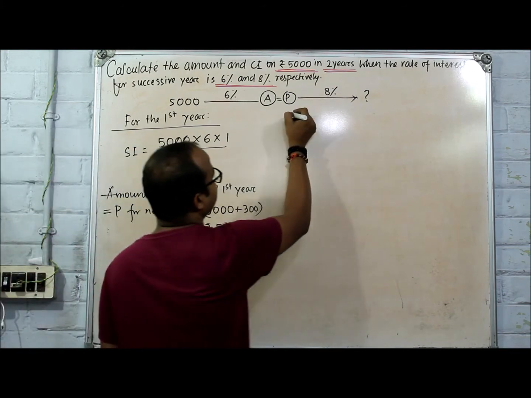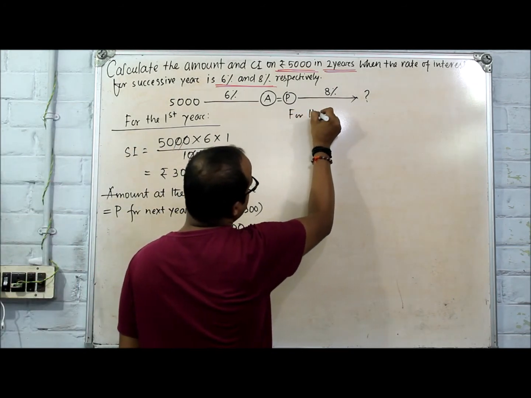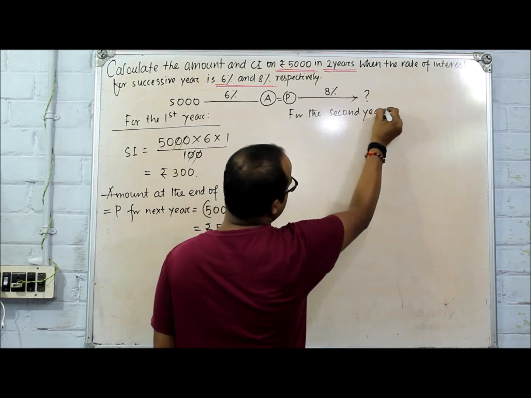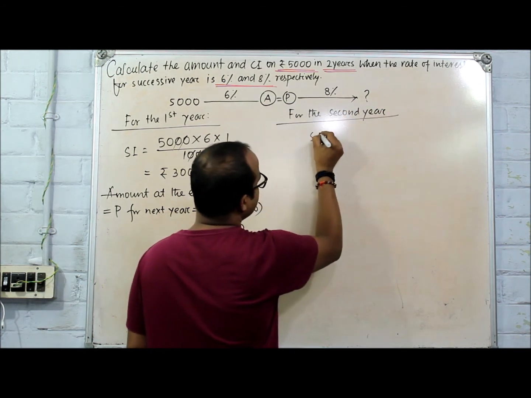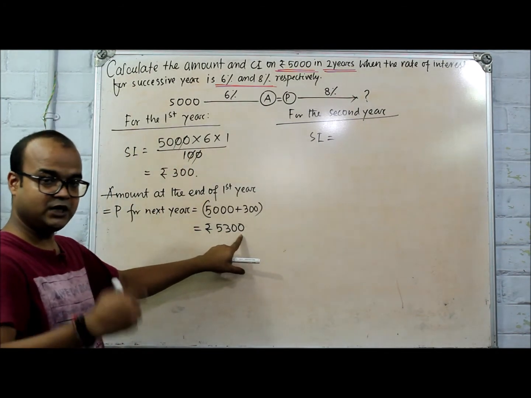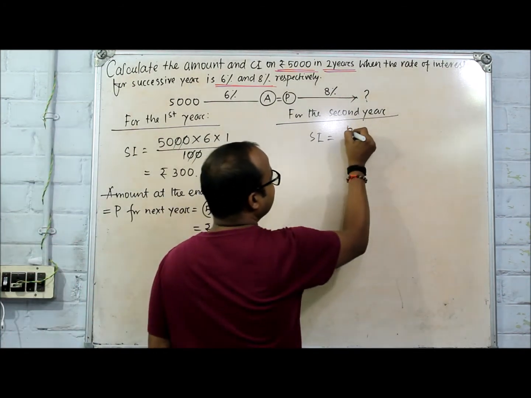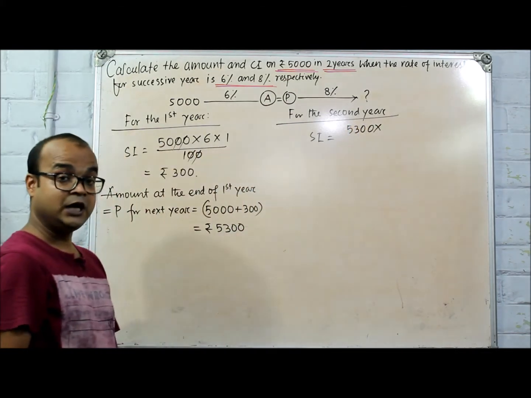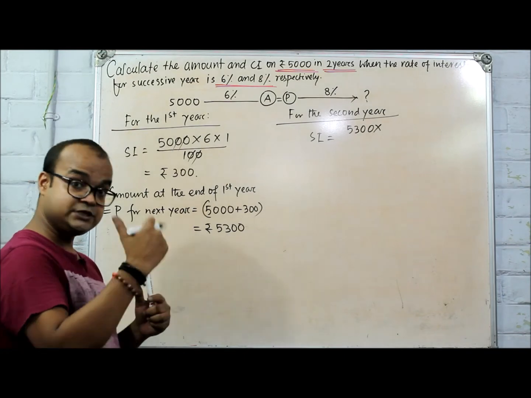Now for the second year, SI is equal to 5,300 PRT by 100, we again apply 5,300 into R. Now usually the rate of interest remains the same.